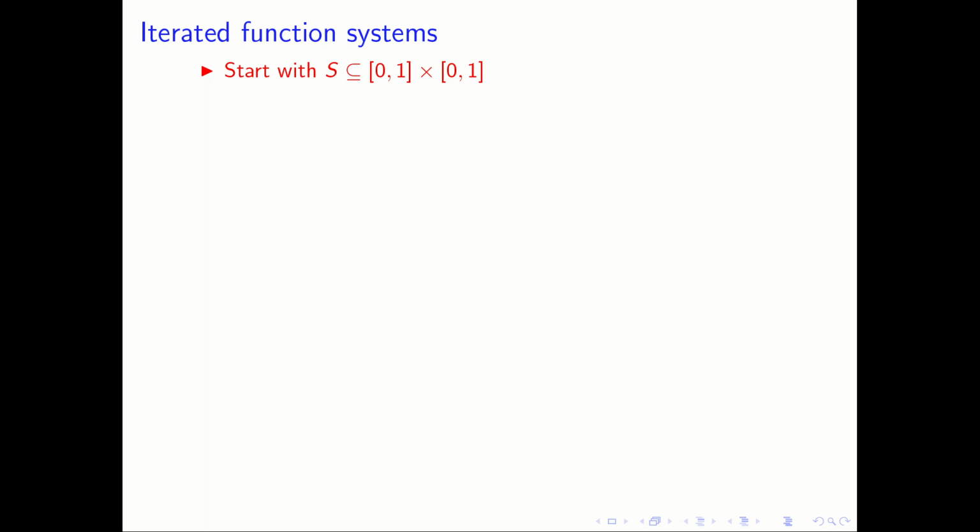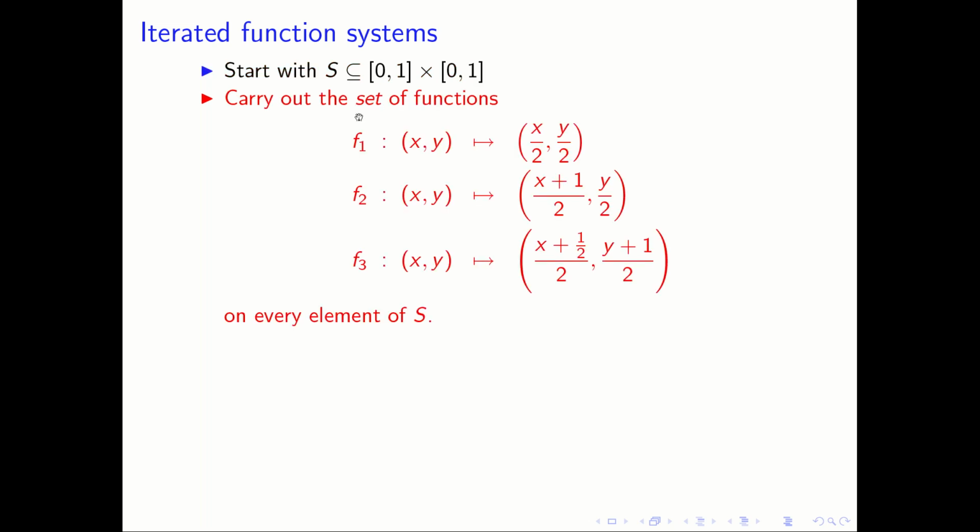And what we are doing is starting from any set which is inside that. And then we are applying 3 functions. If you think about it a bit, (x, y) goes to (x/2, y/2). This is simply scaling down whatever set I have by a factor of 2. This one again scales down by a factor of 2, but shifts by half a unit.